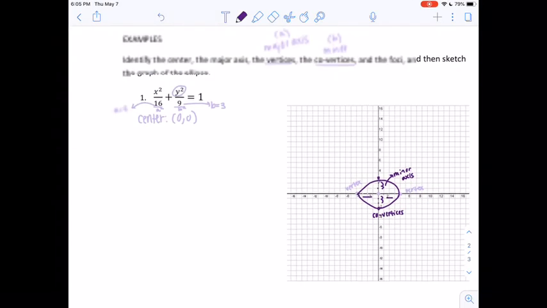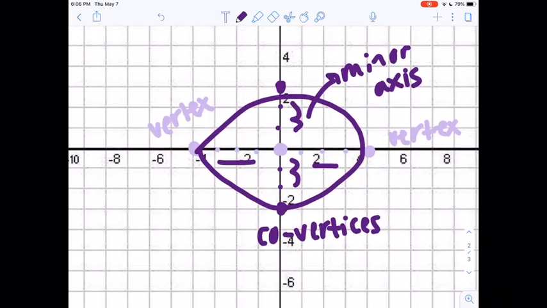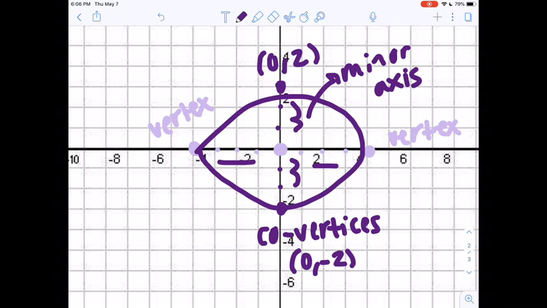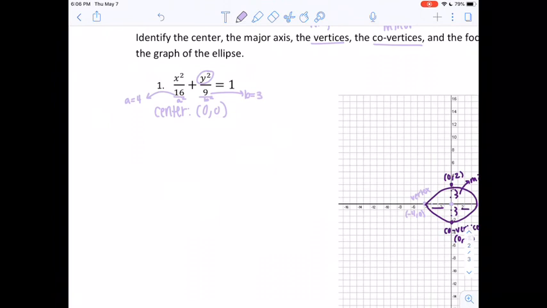So this is located at my co-vertice. Let me label it first, and then we'll write it over here. So this co-vertice is labeled at 0, -2. This one is at 0, 2. My major vertices are at -4, 0, and 4, 0. So let's write this over here. I know my center's at 0, 0.